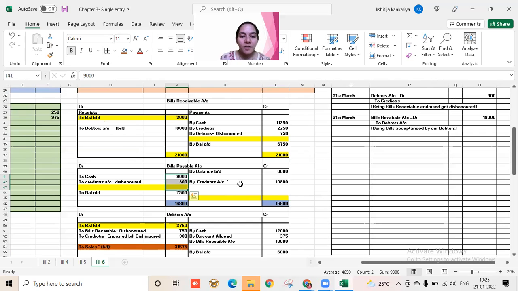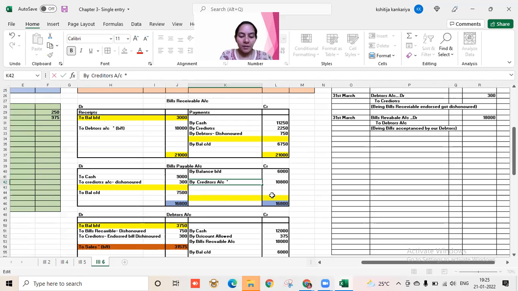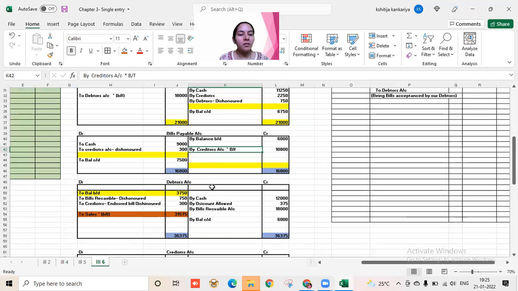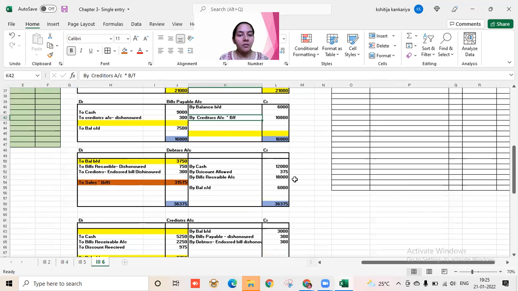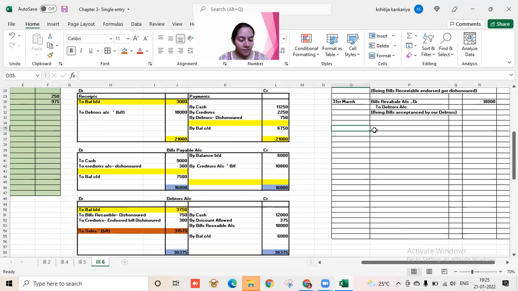Okay, so this is a balancing figure. The impact will go to, कुठे जाणार ह्याचा इम्पॅक्ट? Where will the impact go? Creditors accountच्या कुठल्या साइडला? डेबिट साइड. राइट. So first pass the journal entry if you want. जर्नल एंट्री पास करा.